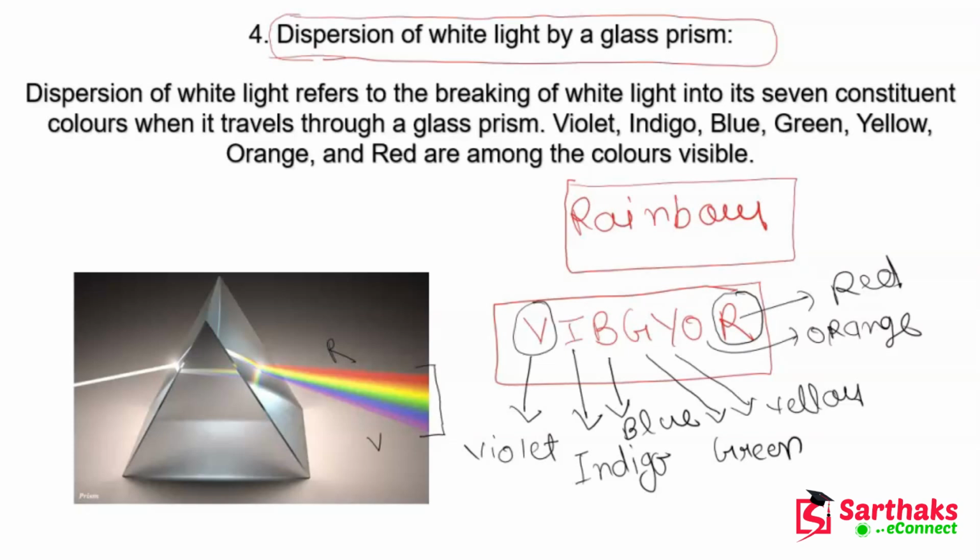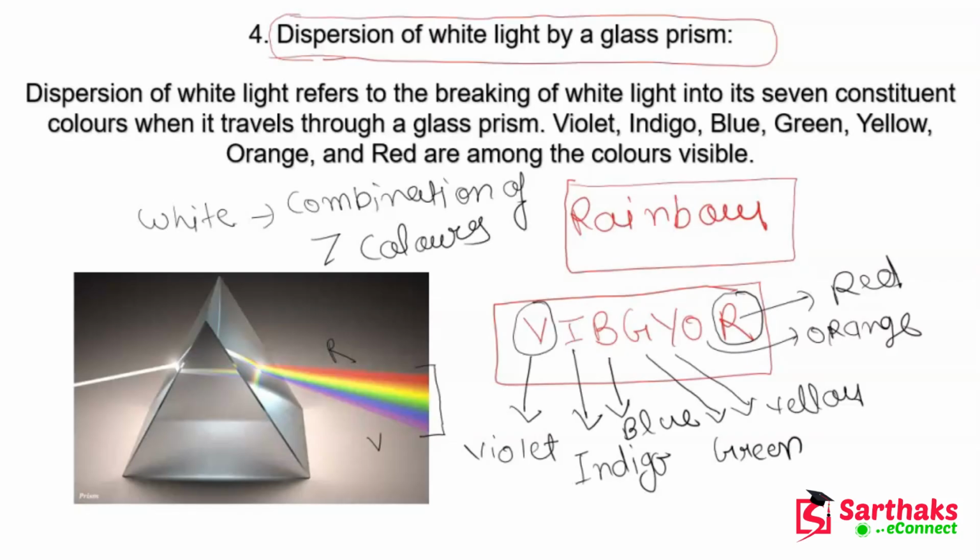So we can also say that white light is nothing but a combination of 7 colors. When these 7 colors combine, they appear as white light.